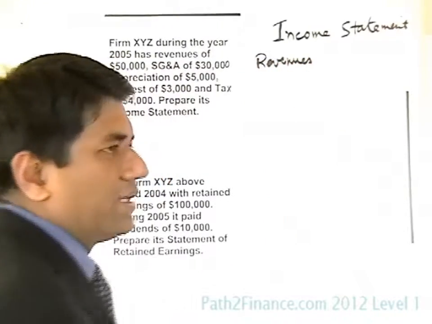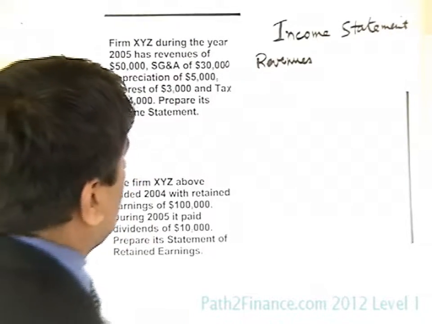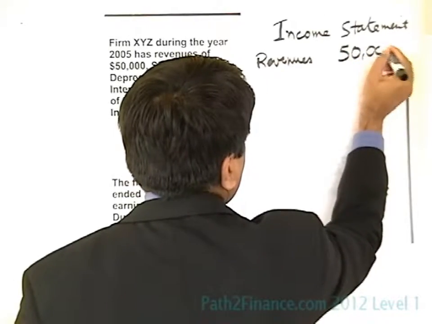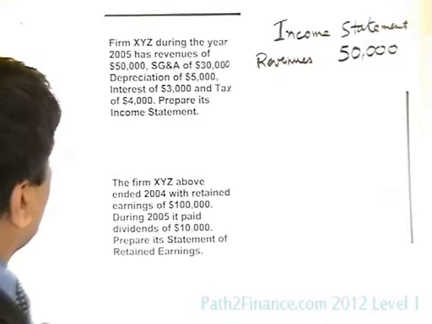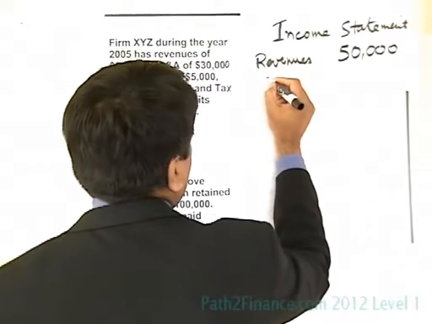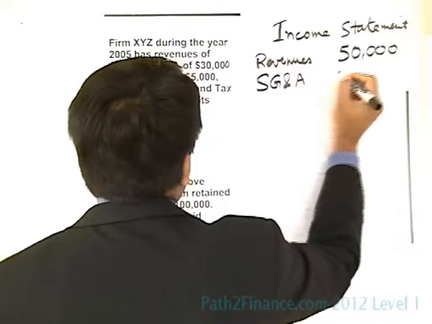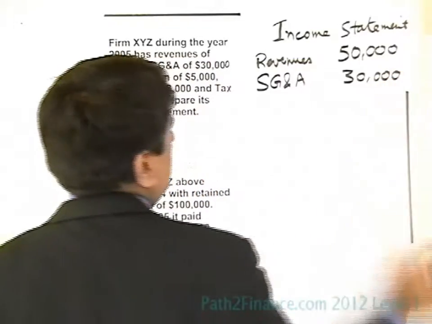So the very first item is revenues, and revenues are 50,000. SG&A is 30,000. That is to be subtracted.